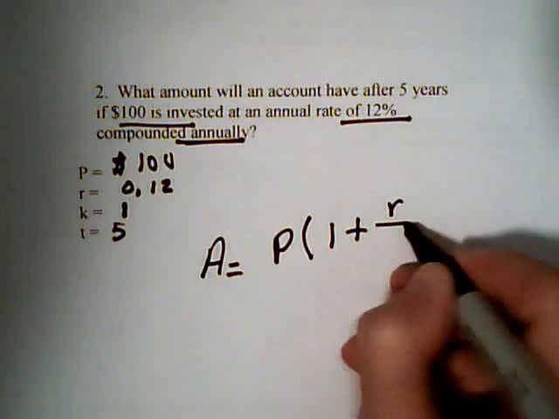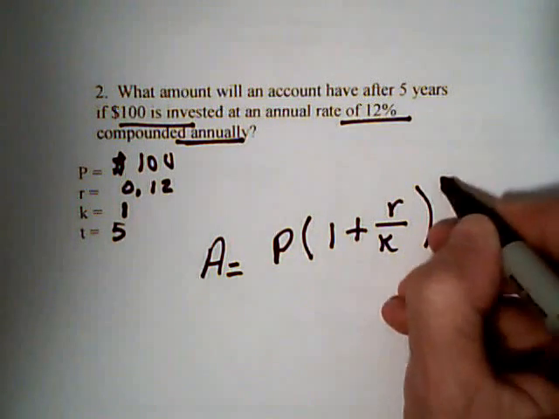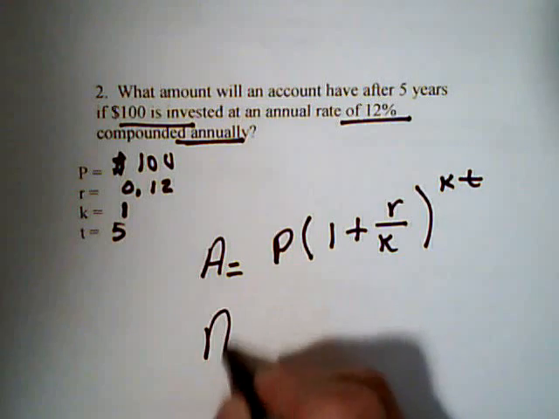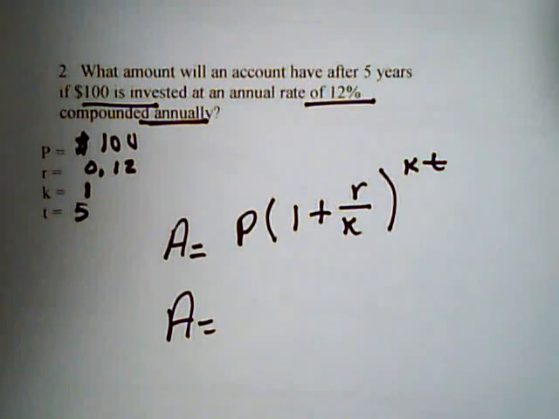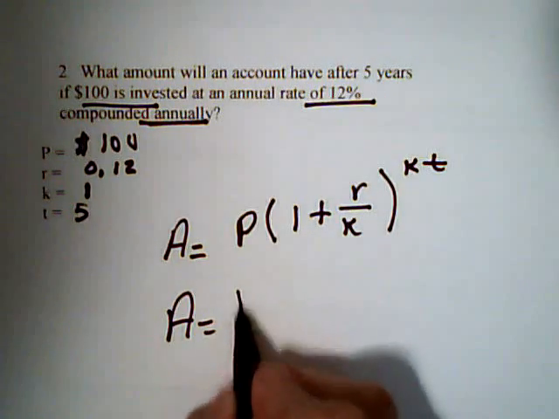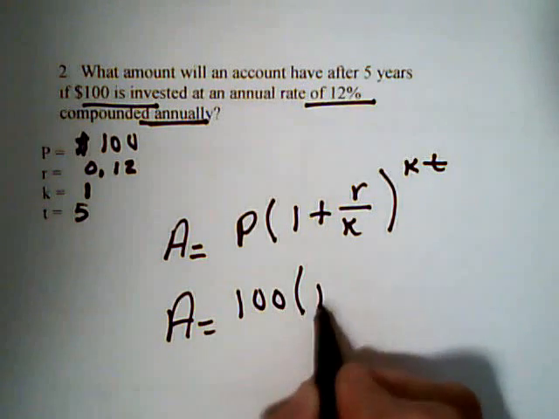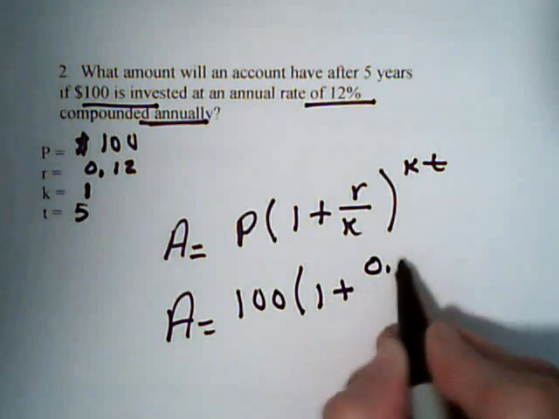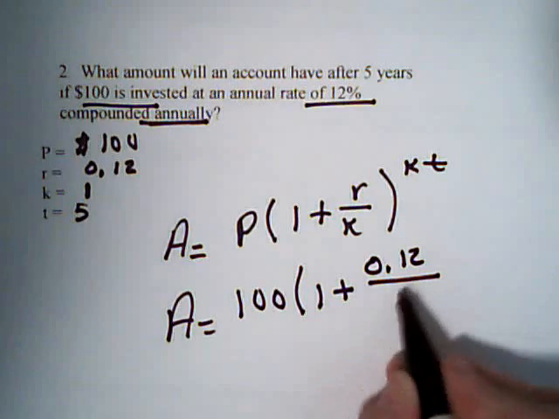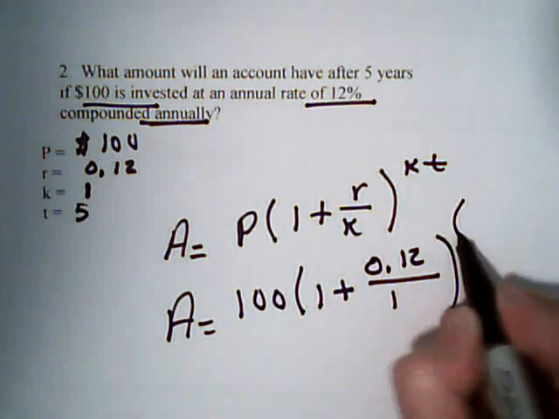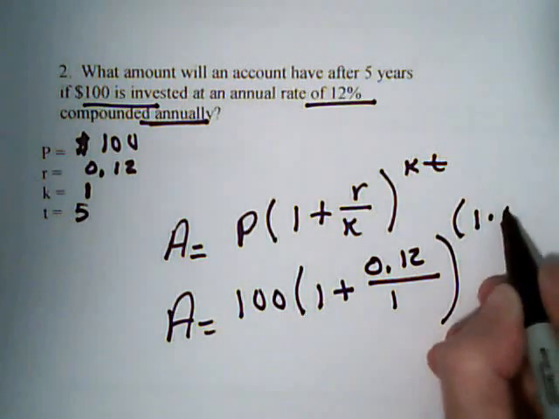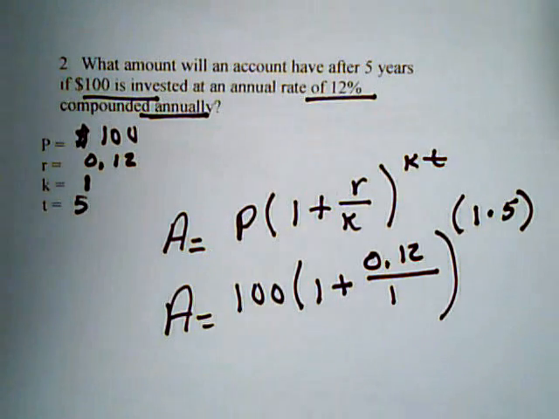So here's your formula. Now you will have to know this formula. And then you've got to know how to use your calculator. This is going to be 100, 1 plus 0.12 divided by 1, all raised to the 1 times 5.